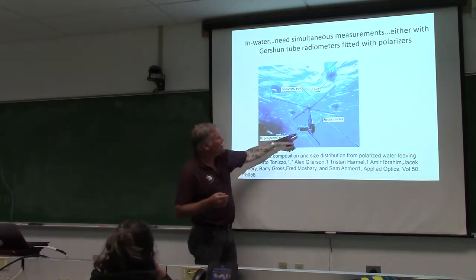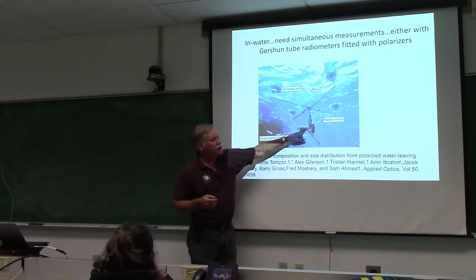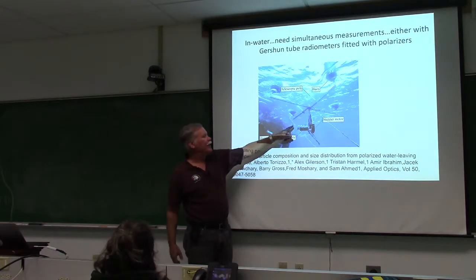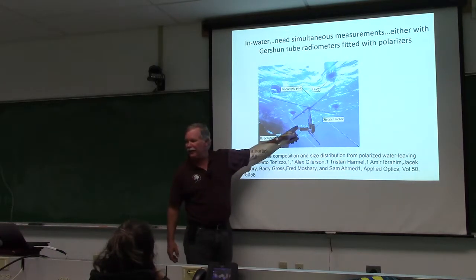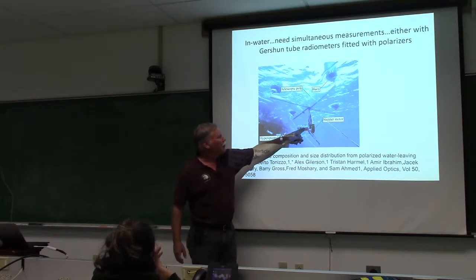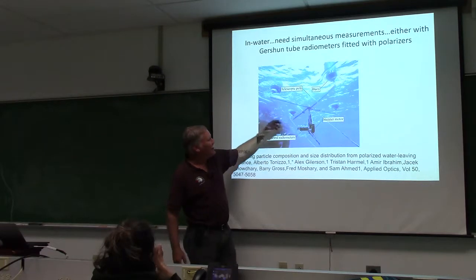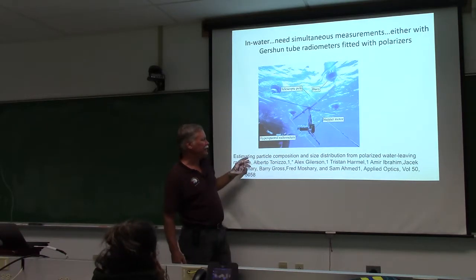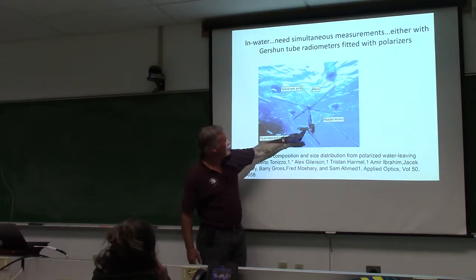So one way to do it, if you look down here, there's 4 Gershon tubes, radiometers. Basically, there are 4 of the Lu sensors that we have in class on the HyperPro, but with polarizers in front of them. And this is Alex Gilerson's group at City College, New York.